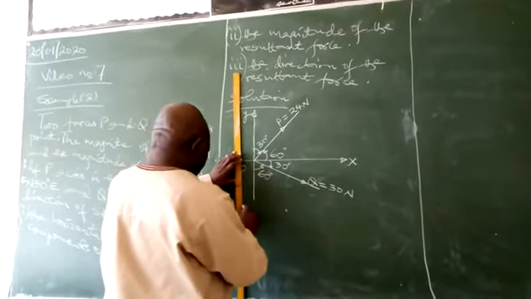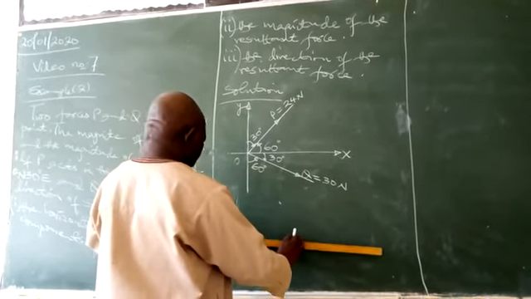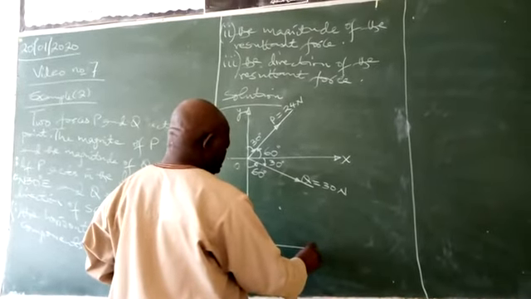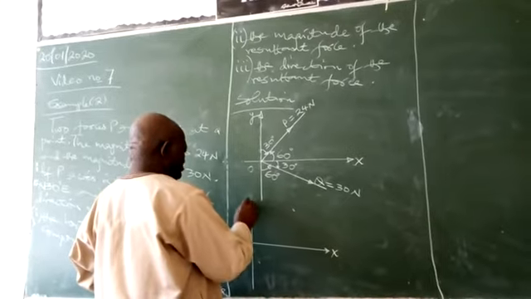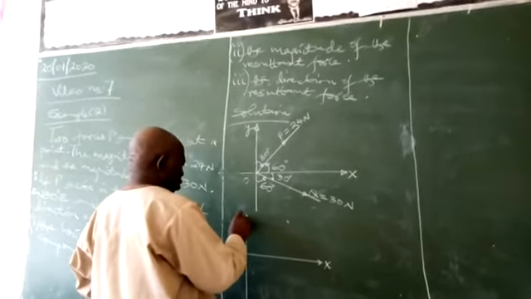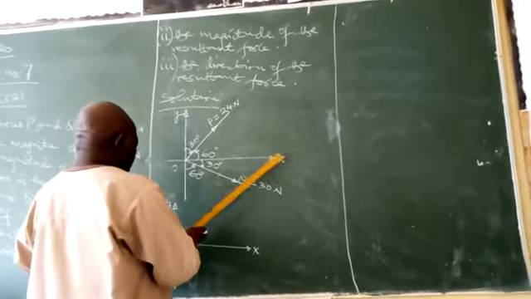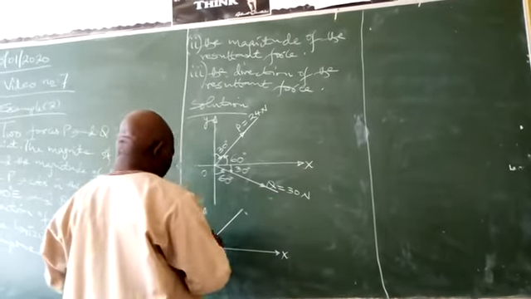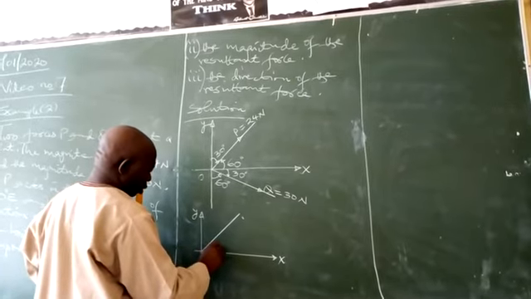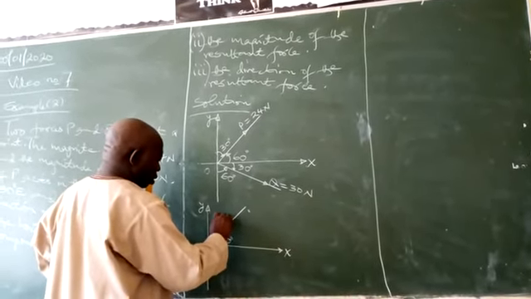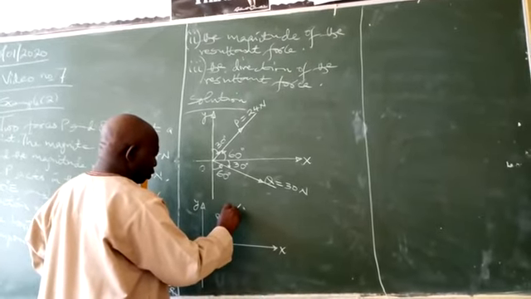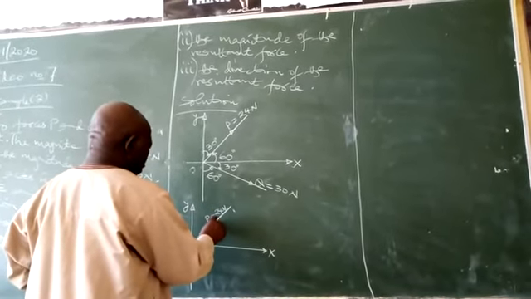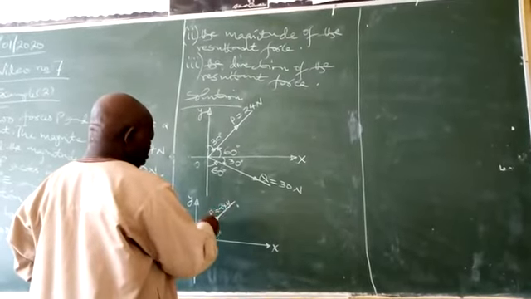The resultant force, that is X, that is Y, so that is that direction, same direction, which is force P. Force P, we said this is 60 degrees, and that is P equals 24 Newton.